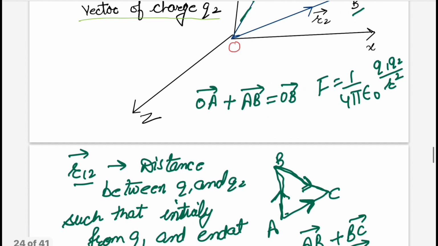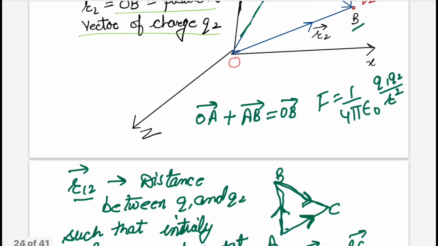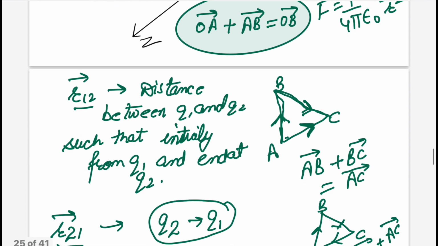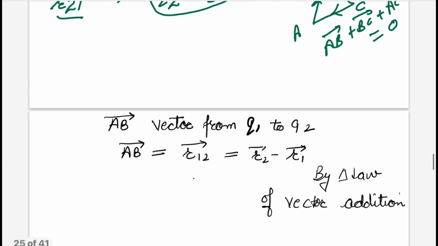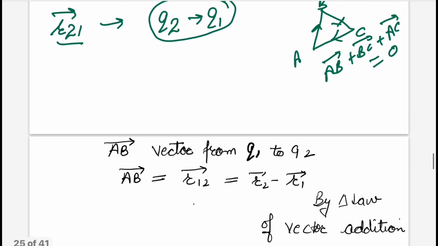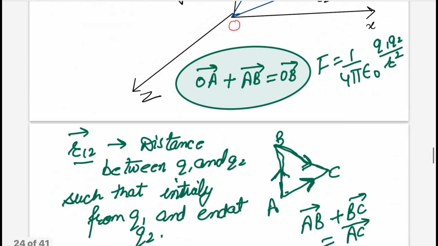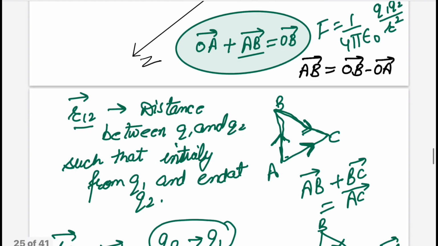By using this equation, which I am going to circle, we can write that this AB vector is equal to OB minus OA, right?